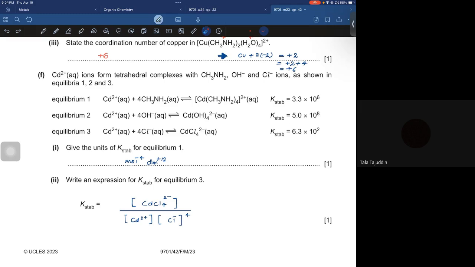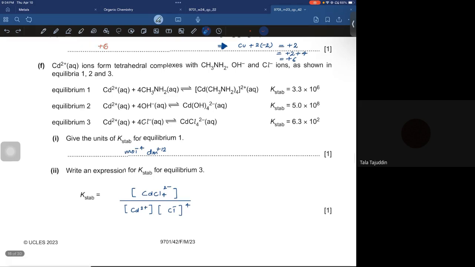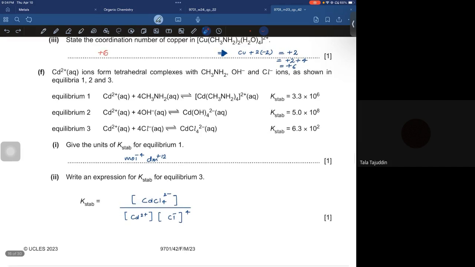Are you getting the same thing? Yes, sir. Okay. Then write an expression for K stab for equilibrium 3. Okay, product upon reactant. The formula is the same. That is product upon reactant.